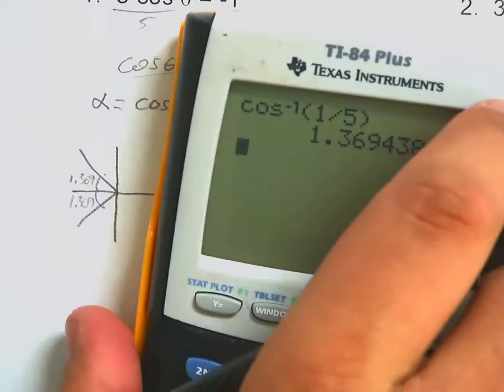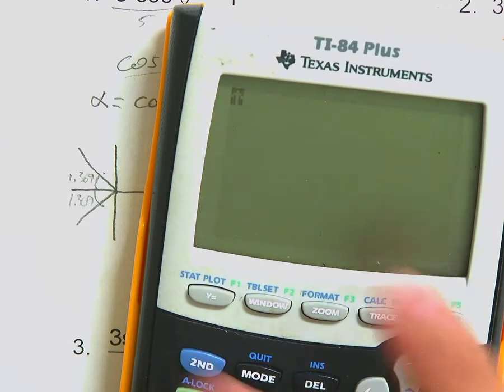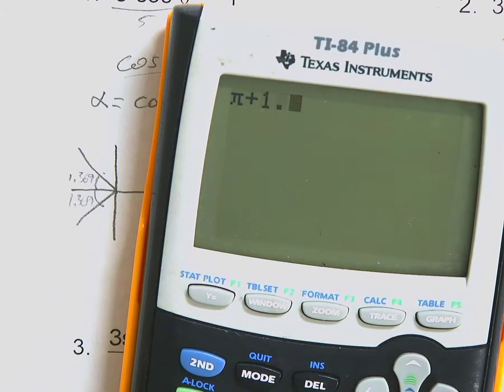So you grab your calculator and type in pi plus 1.369, pi minus 1.369.